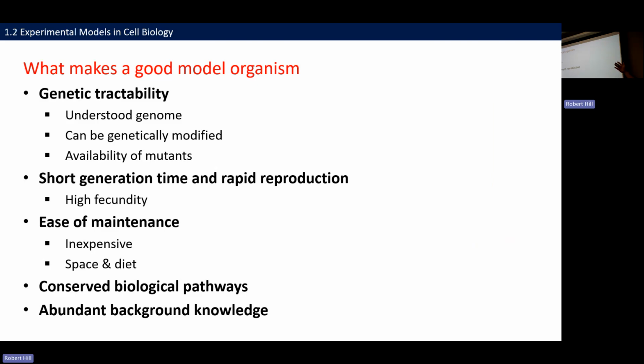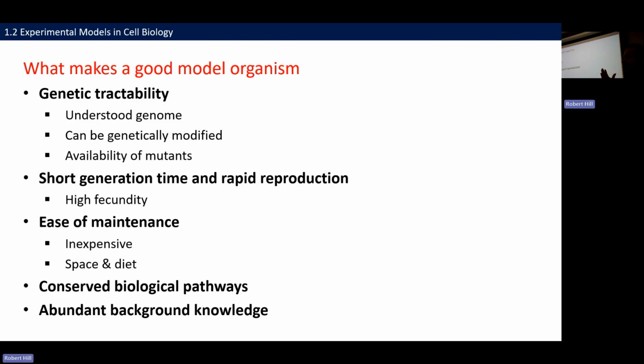Because moving forward, it's just going to say like, well, the fish has really good genetic tractability and so on. Genetic tractability means that you understand the genome, so maybe it's been sequenced. You have sequence information about the genome, how the genes are divided up, what the genes do.